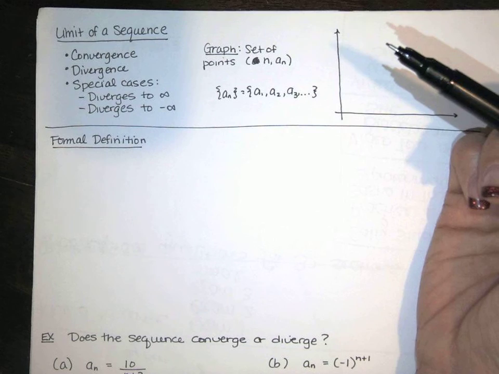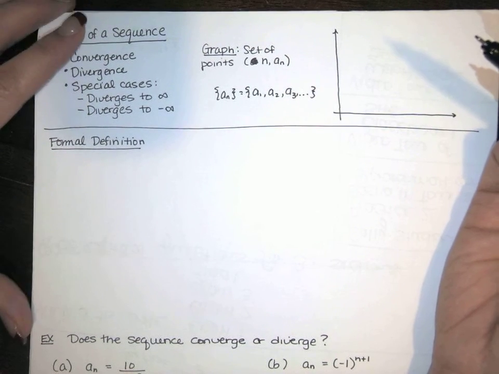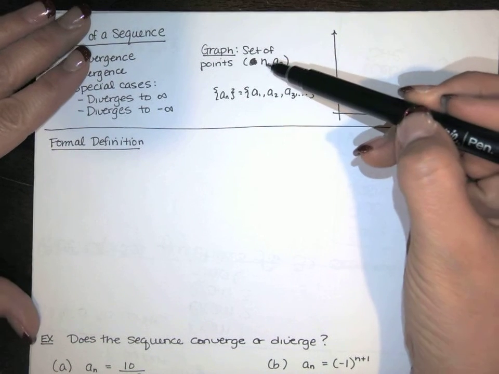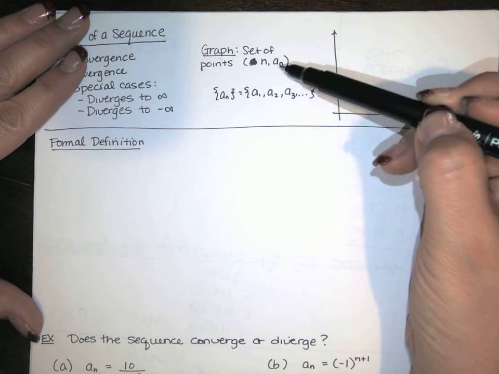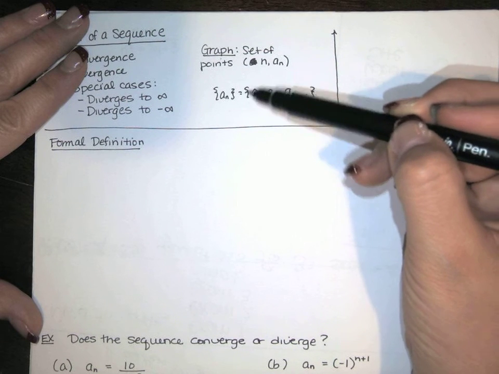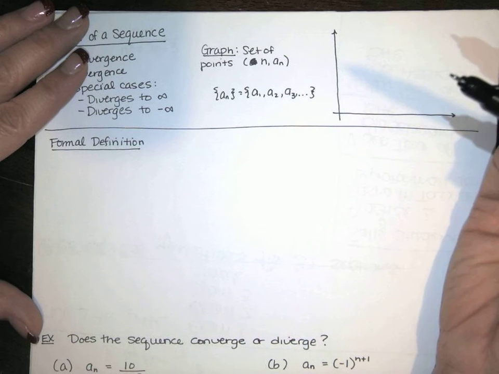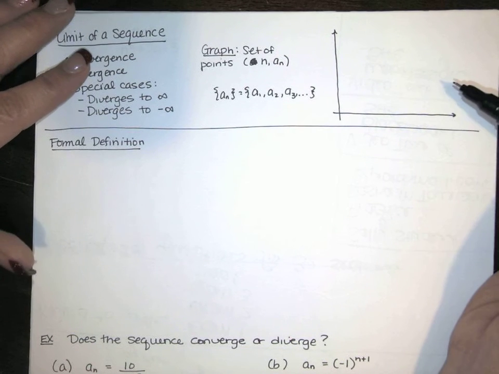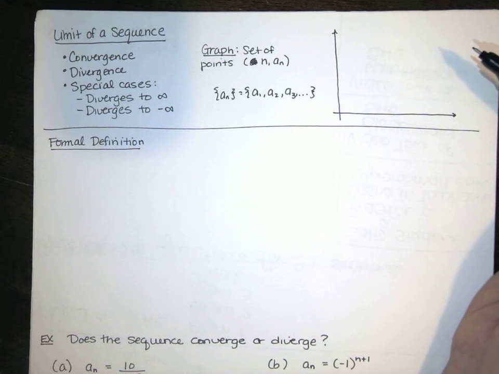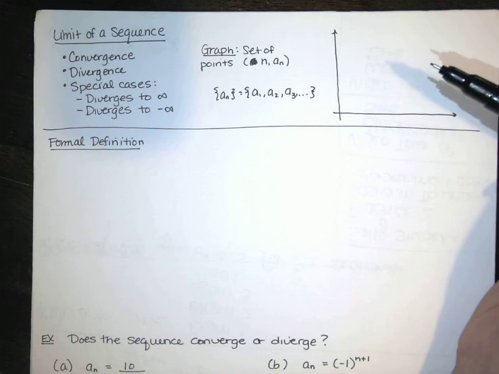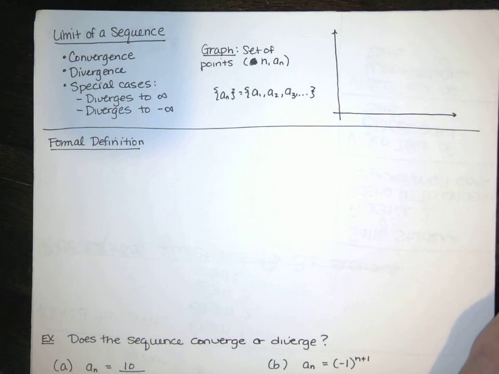I did this in the last video, but I didn't talk in detail about how we graph. Basically, you take that integer n, which is where you start, and then whatever value is here, that number on the list, that's the y value in the ordered pair. So when you graph it, you don't get a continuous function like the functions we're used to. You get a bunch of points in the xy plane.